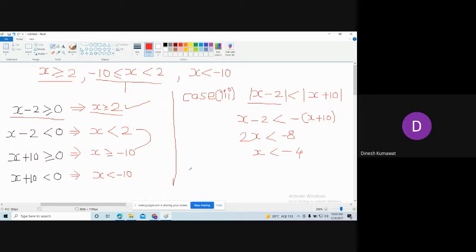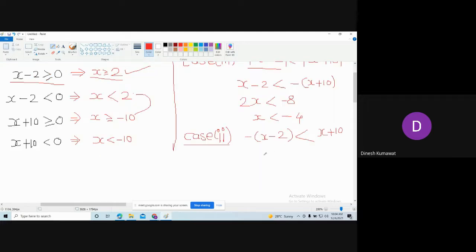And in case number 2, we assumed that you consider this modulus to be negative, or you can say the number inside the modulus is negative. This is the definition of modulus, and you assume the number inside the right hand side modulus is positive. So here we have simply x plus 10.